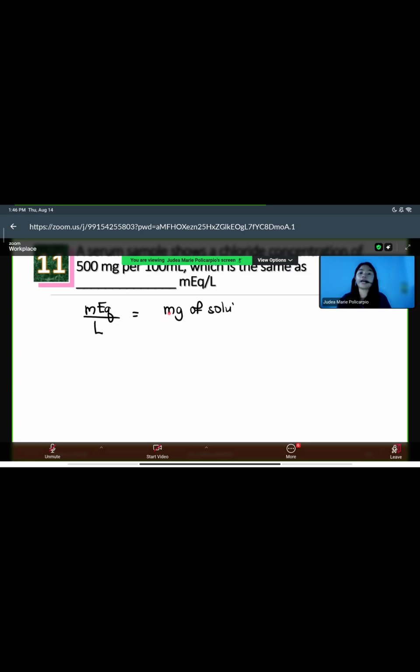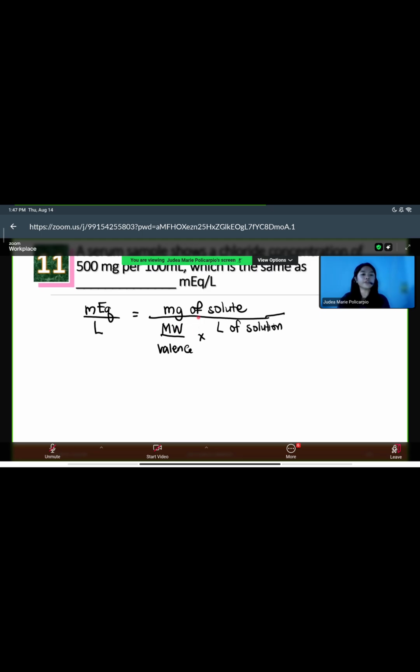Again, nothing changes in the denominator, because we only replaced what was in the numerator of the left side. To keep it balanced, only the numerator of the right side gets replaced. So we use milligrams of solute instead of grams of solute. Nothing changes in the denominator: molecular weight over the valence, multiplied by the liters of the solution.